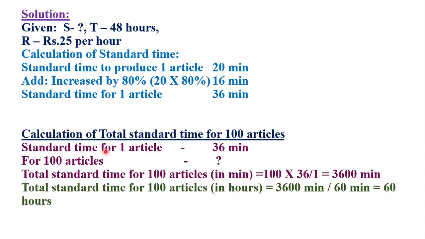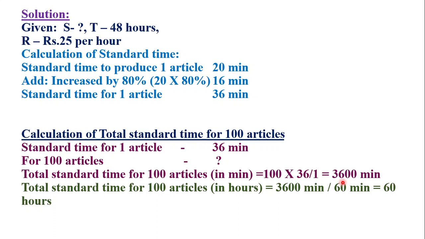So the standard time for one article is 36 minutes, and for 100 articles how many minutes is required? So we put a question mark. Then by cross multiplication, total standard time for 100 articles in minutes is equal to 100 articles into 36 divided by 1.